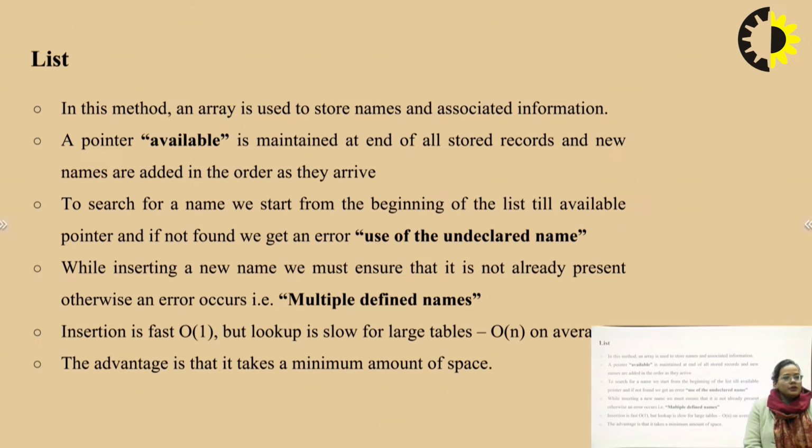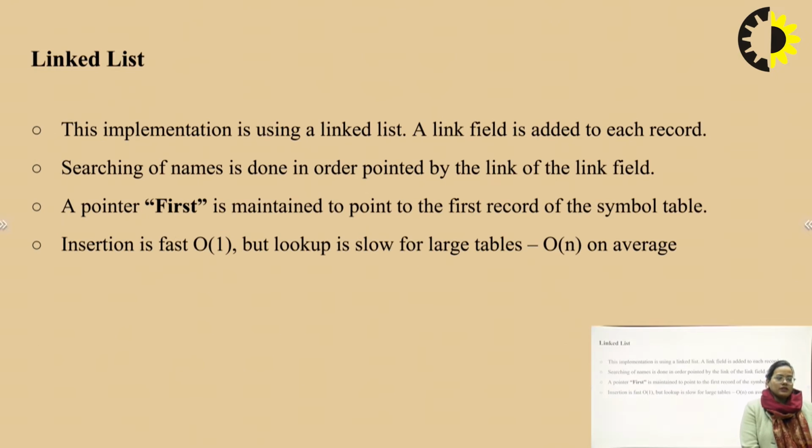While inserting a new name, we must ensure that it is not already present, otherwise an error occurs, that is, multiply defined name. Insert is fast, big O one, but lookup is slow for large tables, that is big O n. On average, the advantage is that it takes a minimum amount of space.